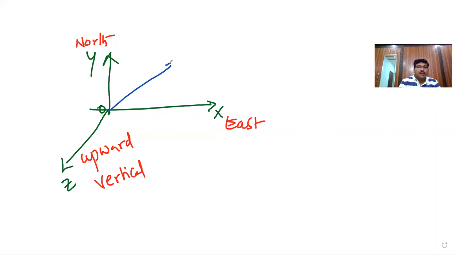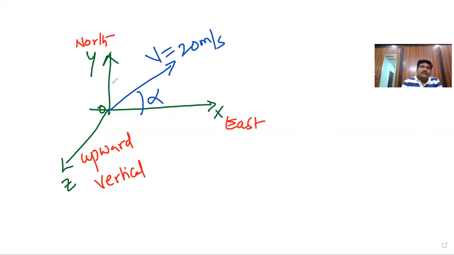Now, observe that this is the velocity vector of the bird. This v is how much given? 20 meters per second. And it says it is making how much angle with east? 60 degrees. Let us say the angle with east is alpha.